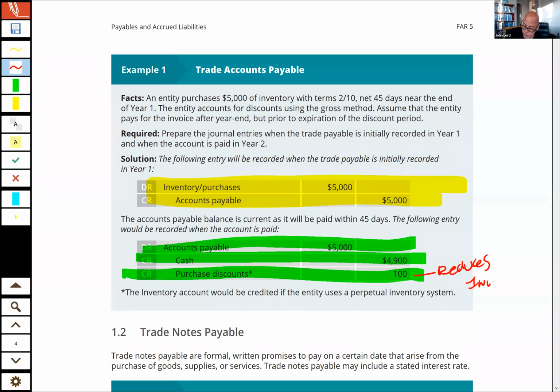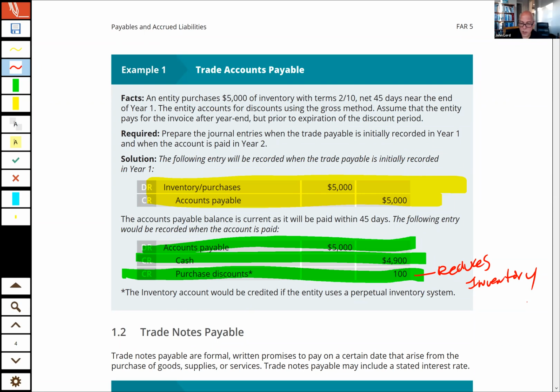inventory. Now they say that if the perpetual method is used, the credit would be to inventory, but I don't care. Even if you are using a purchases account, what happens if you reduce the purchases? Well, then my goods available for sale will go up. I subtract off my ending inventory, and my cost of goods sold will be affected.